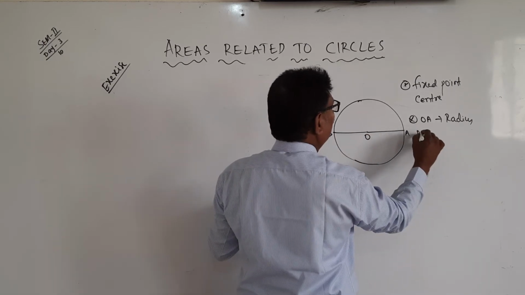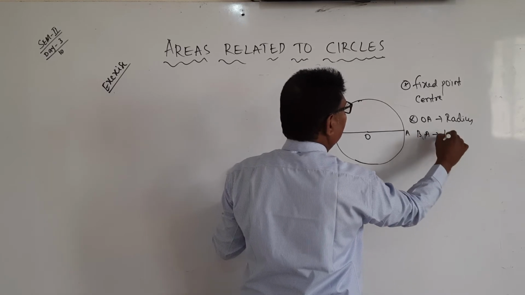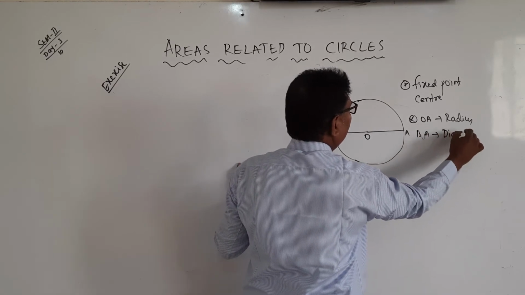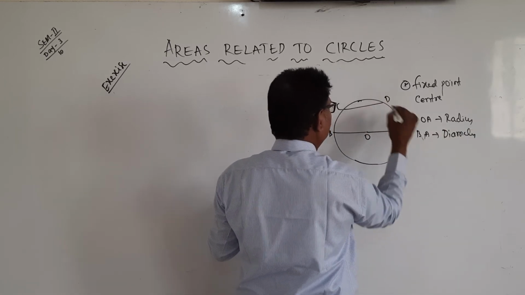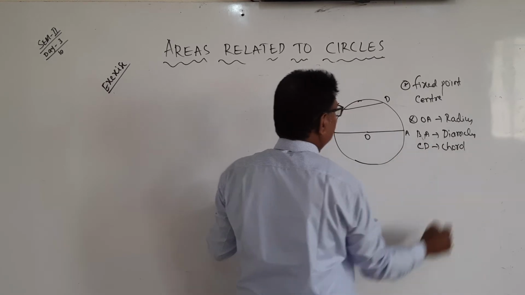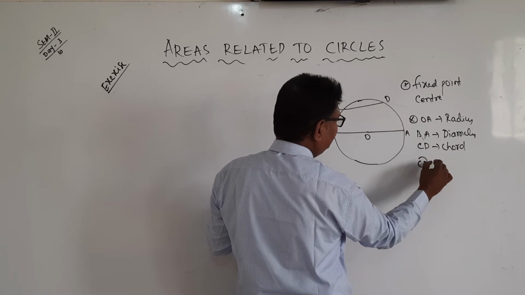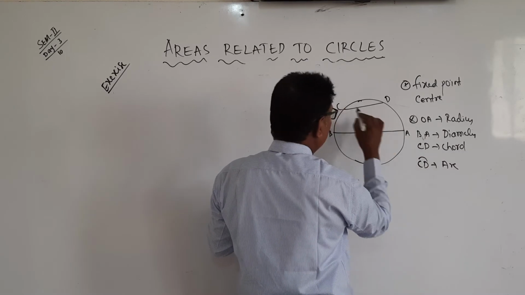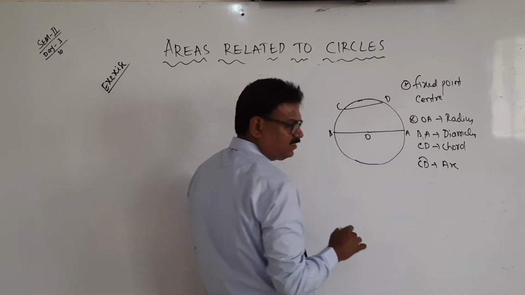Yes, BOA is nothing but BA, the diameter. CD is a chord. Okay? Now CD, if I look like this, it is nothing but an arc. If I put this mark, it will come like this, arc.